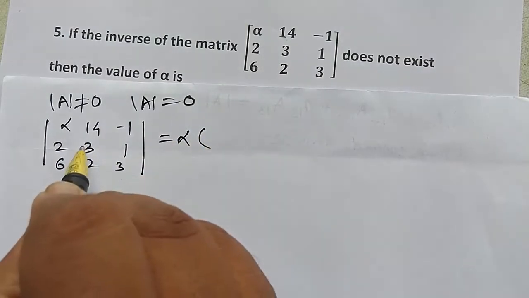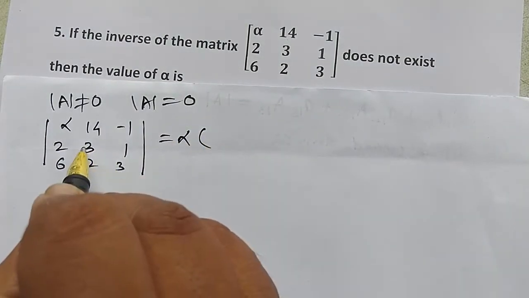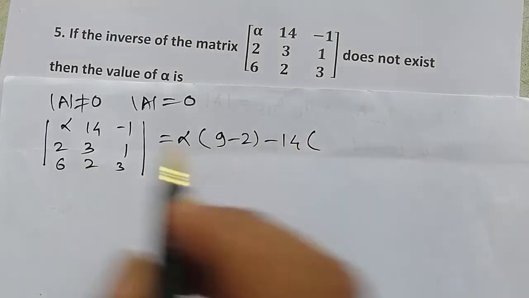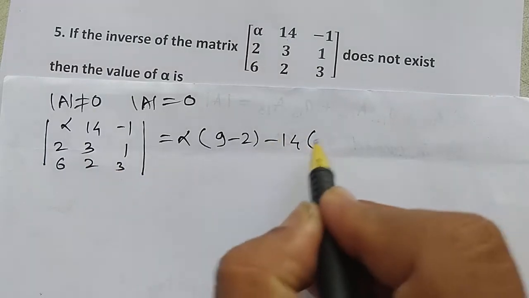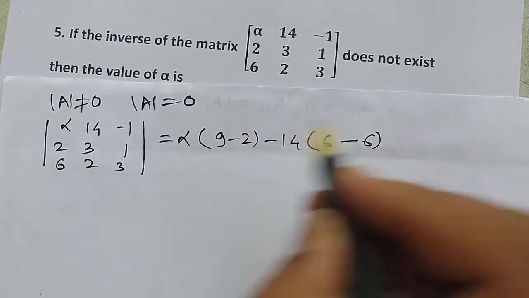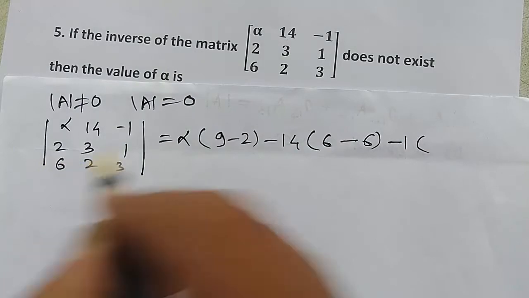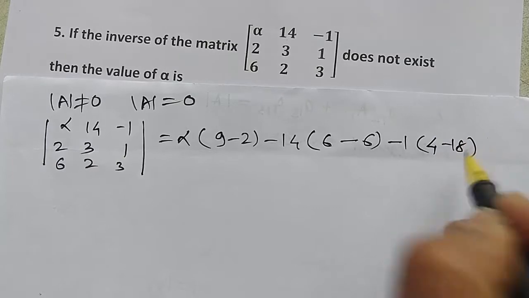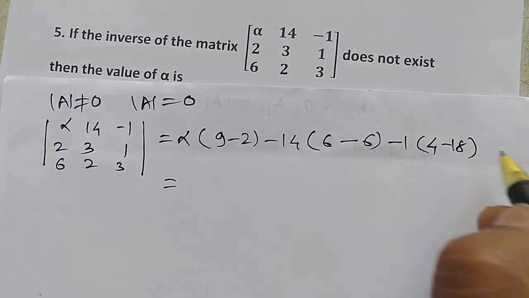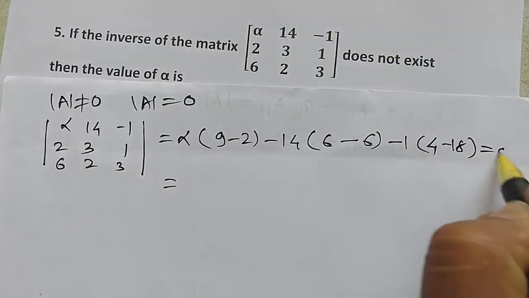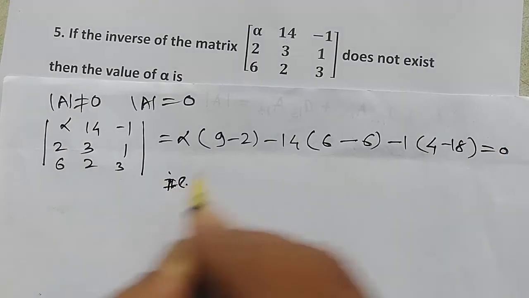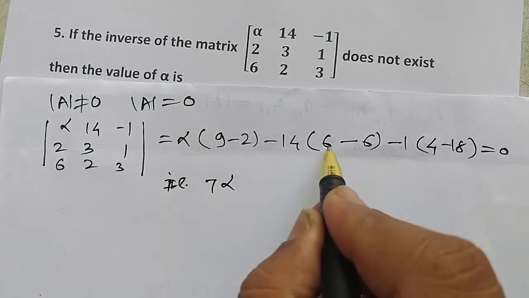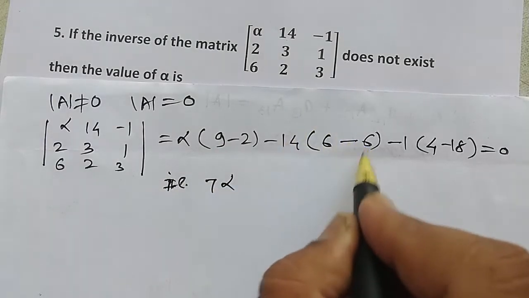So alpha into 3 into 3, 9 minus 2, minus 1 into 4, 2 into 3, 6 minus 6, minus 1 into 2 into 2, 4 minus 6 into 3 minus 18 is equal to 0. That is 9 minus 2, that is 7 alpha. Here 6 minus 6 becomes 0, so this term is 0.